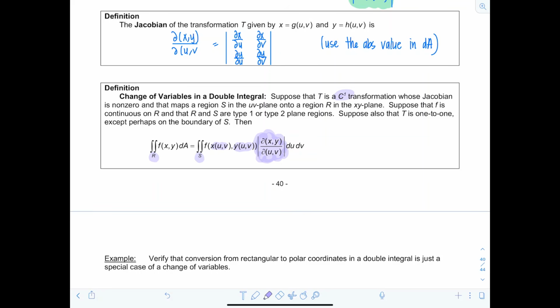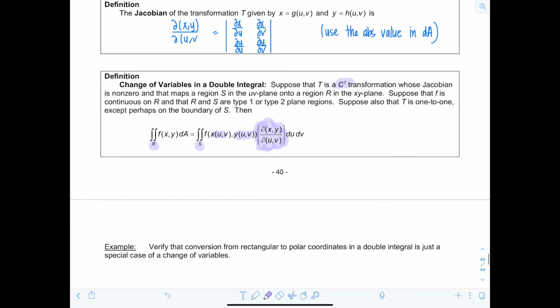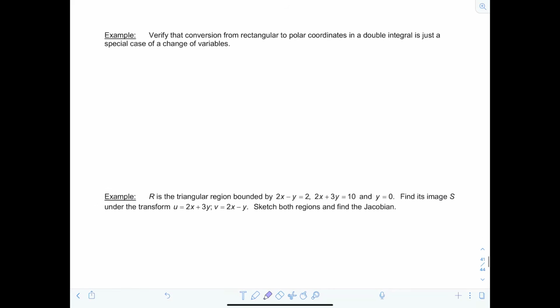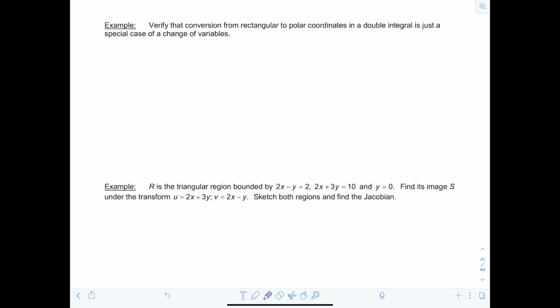All right. Fun stuff. So here's a little cool application that you may not have noticed until right now. Verify that the conversion from rectangular to polar coordinates in a double integral is just a special case of a change of variables.